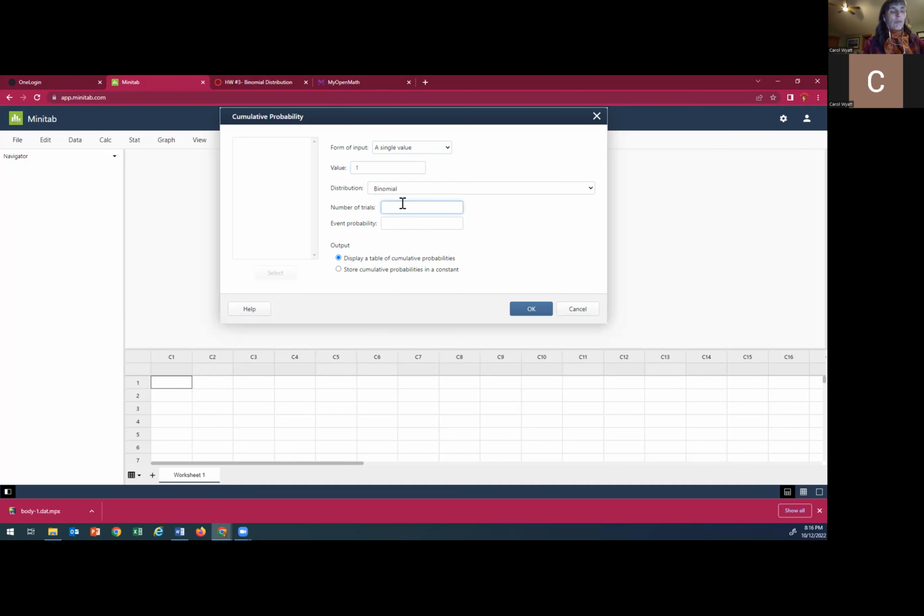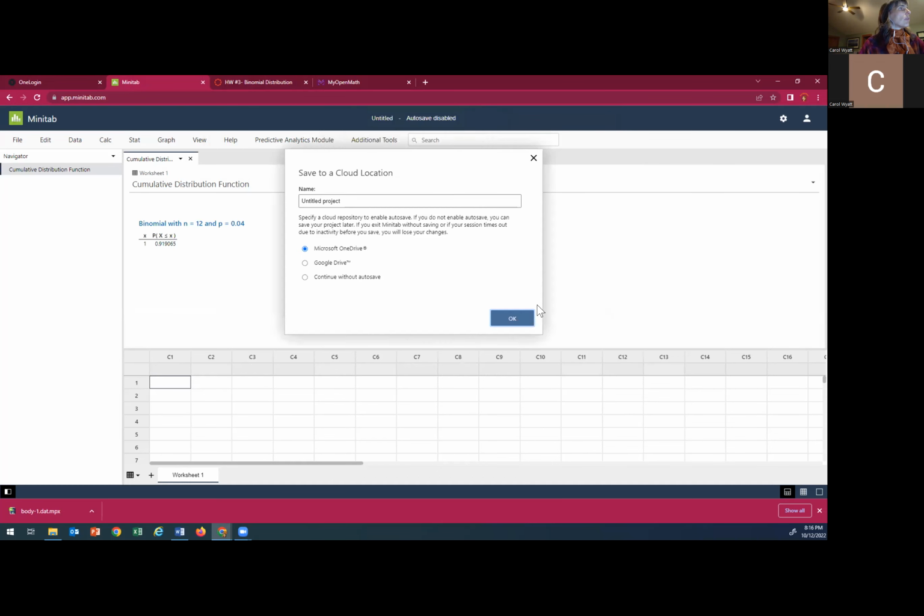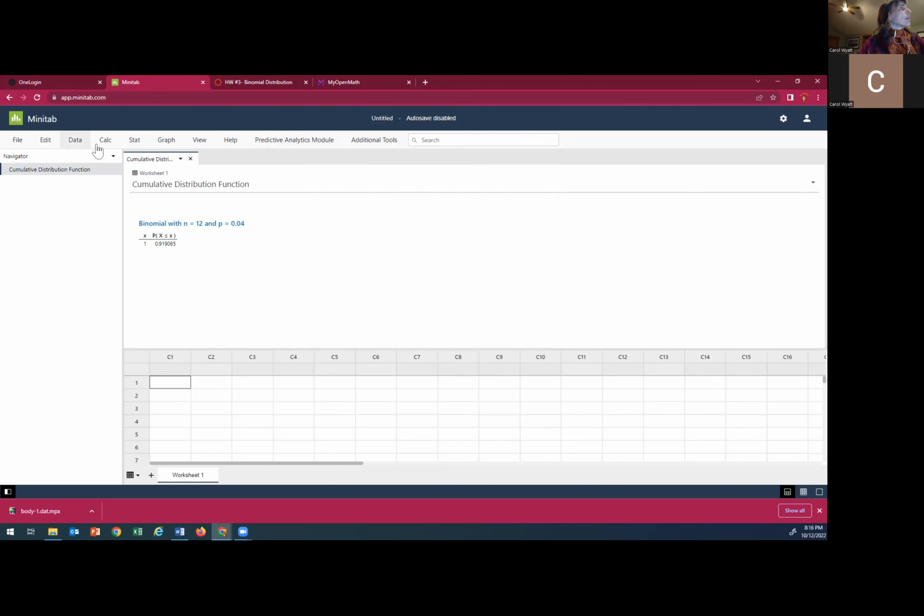Number of trials, we have 12 years. Probability of getting a tornado is 0.04. Let's see what we get here. There it is. Probability that it is less than or equal to 1 is 0.919065.